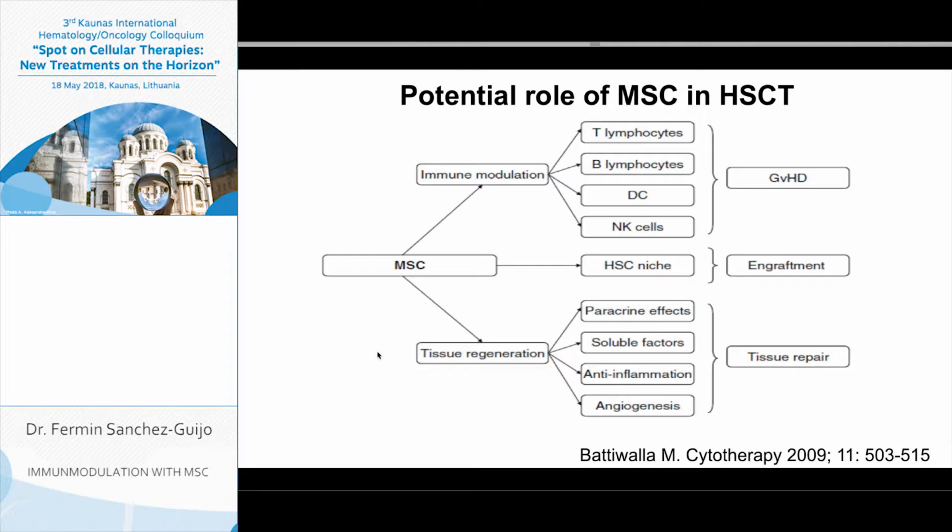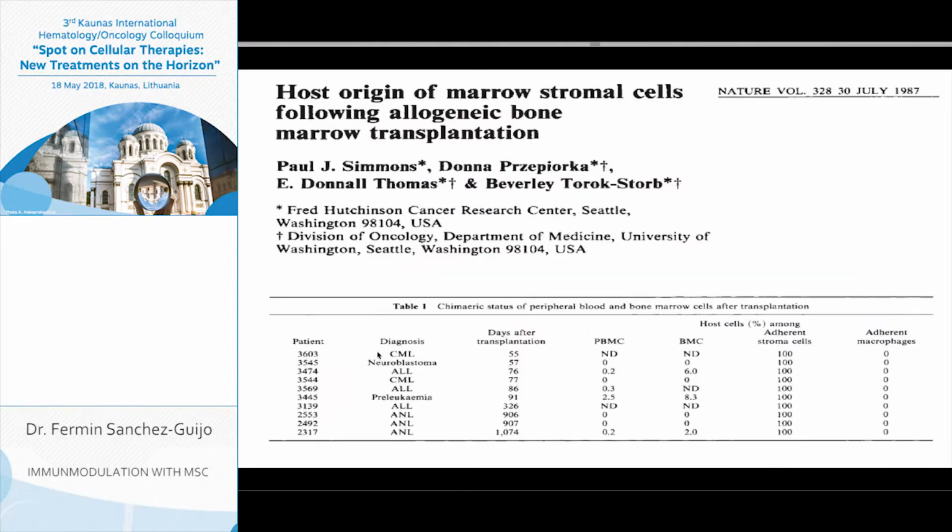An important issue that has to be considered is that when we perform an allogeneic stem cell transplantation, we change the patient's hematopoietic system and immune system, but the stromal cells from the bone marrow remain of host origin. And this is important because we've seen that the stroma of patients with hematological malignancies has genomic and functional aberrations, and these are a couple of manuscripts of our group.